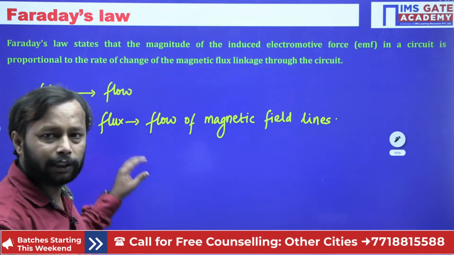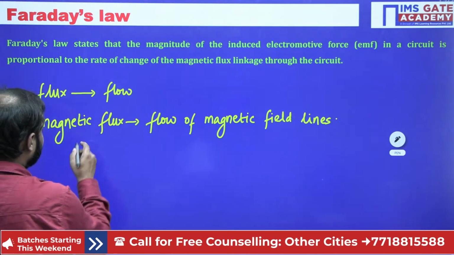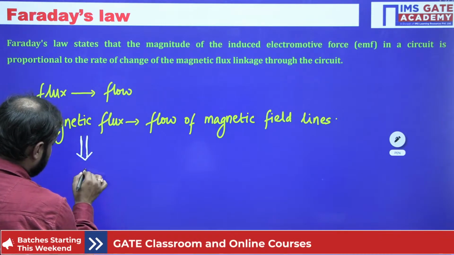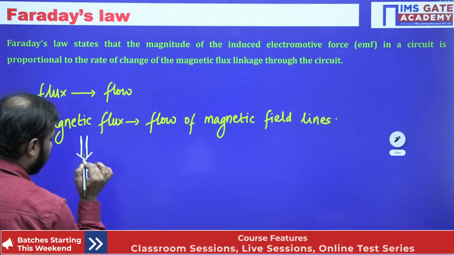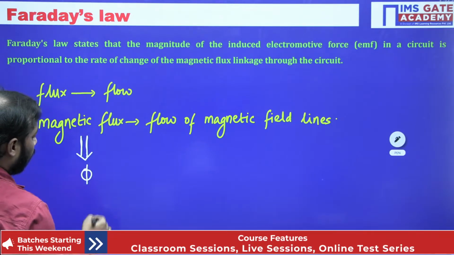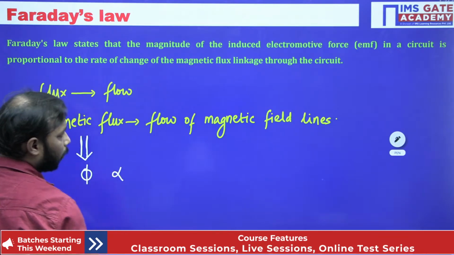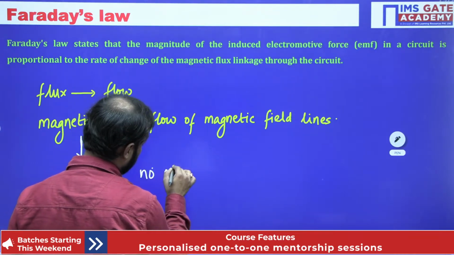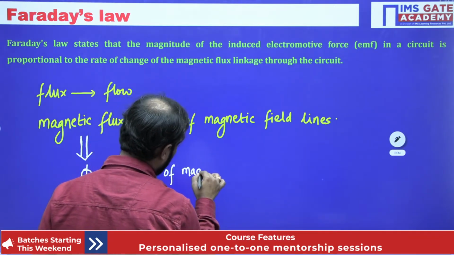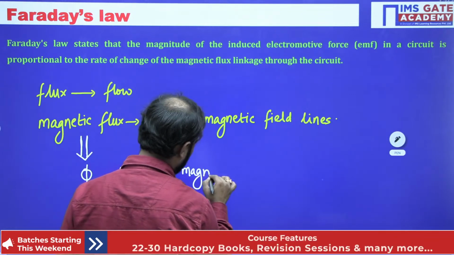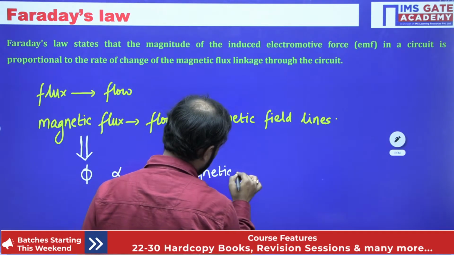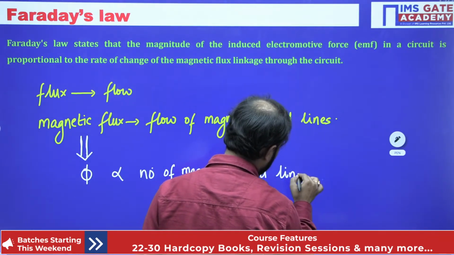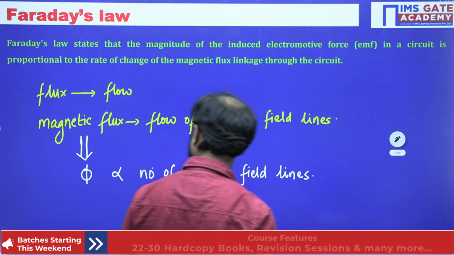This magnetic flux is represented as phi, and it is proportional to the number of magnetic field lines. Done.